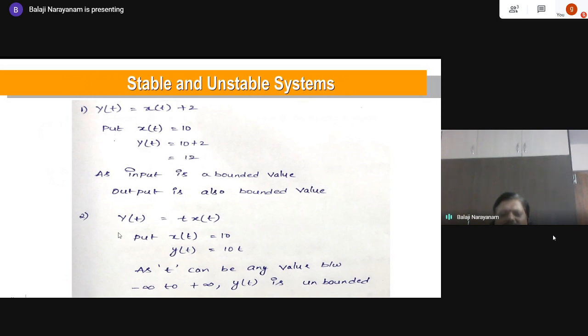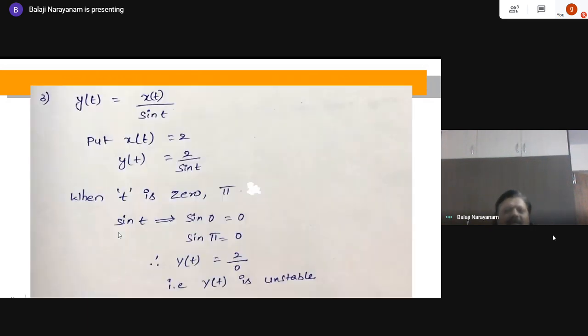The moment it is a very high value like infinity, our y of t value becomes infinite, and we didn't get any bounded output value. Our output y of t is unbounded, and hence we may conclude that the system y of t is equal to t into x of t is an unstable system.